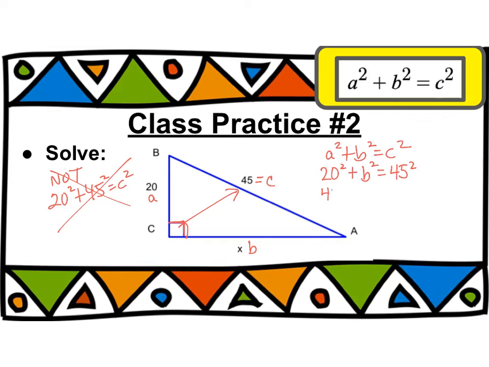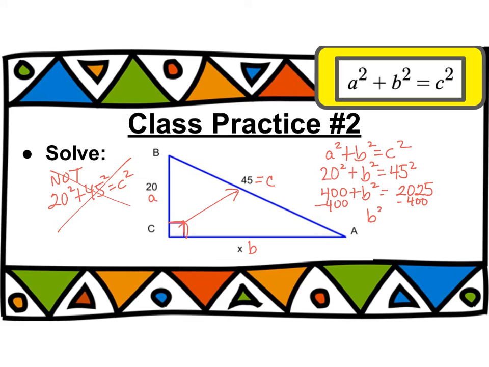20 squared is 400. 45 squared is 2025. So it's not as easy as the last one because we had all the numbers on one side. Just remember your algebra rules. We're trying to get to the b squared, so I want to subtract 400 from both sides.